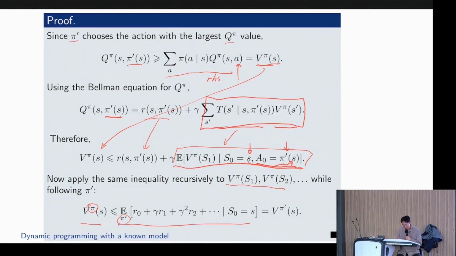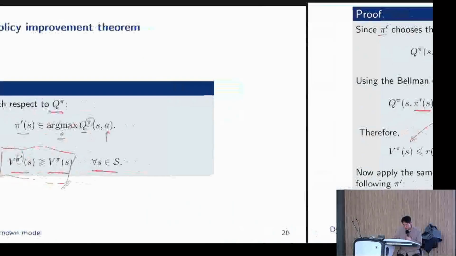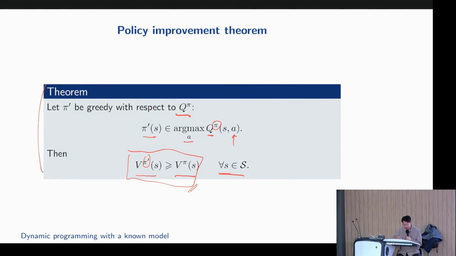And this right-hand side is equal to the value of following this new policy pi prime. So for any state, if we define pi prime as the one-step greedy policy that acts according to argmax of Q pi, then the value of the changed policy pi prime is greater than or equal to the value of the current policy pi. So it doesn't make it worse.